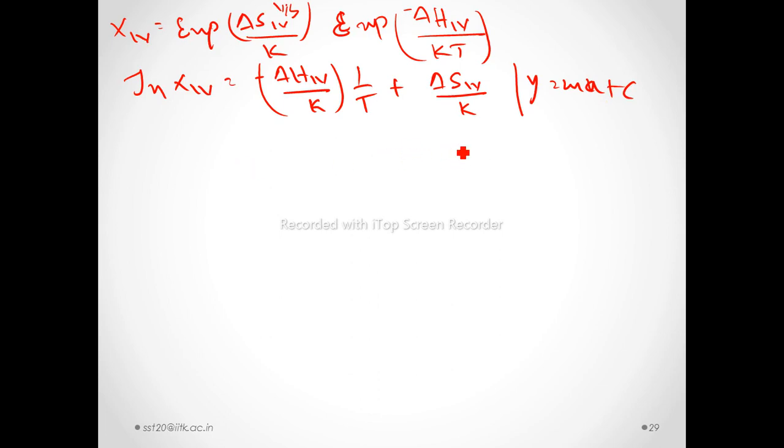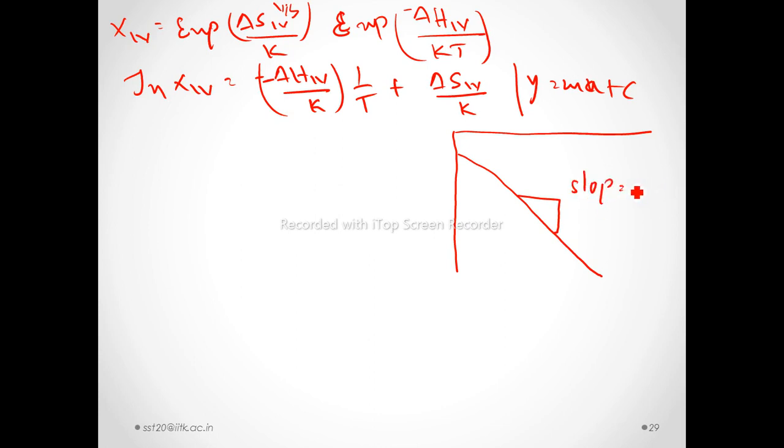Then the graph will have a negative slope with the y intercept c. This is the slope, minus delta H1V divided by k.